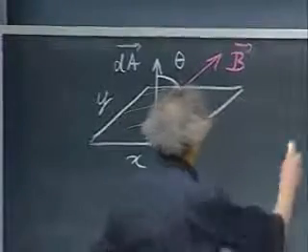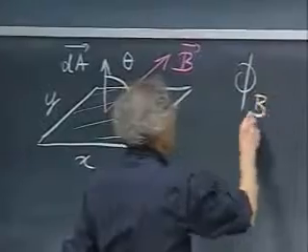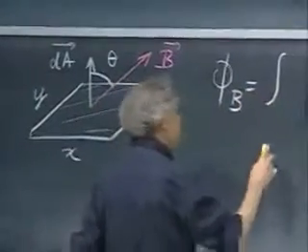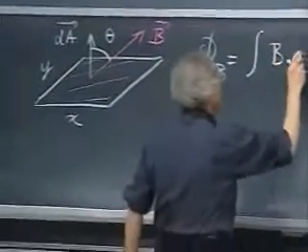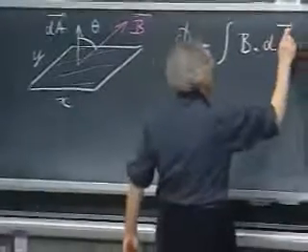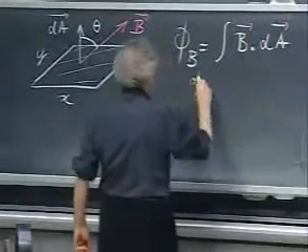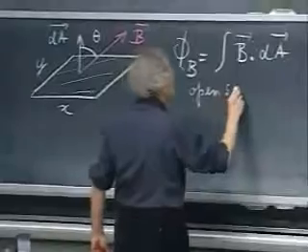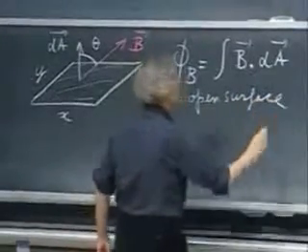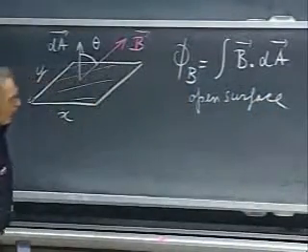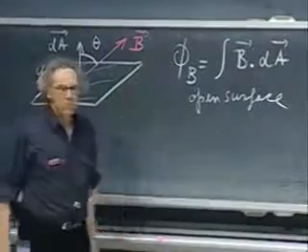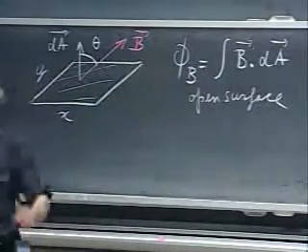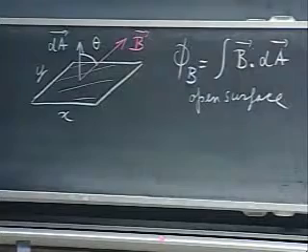So the flux, phi B, is defined as the integral of B dot dA over this open surface. Flux is a scalar. It's plus or it's minus or it's zero.